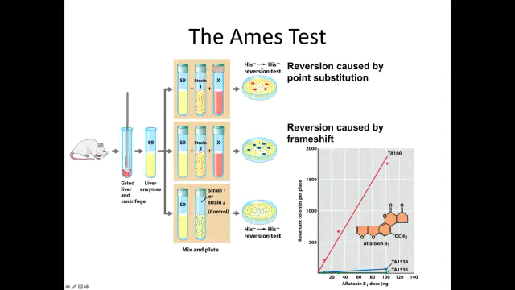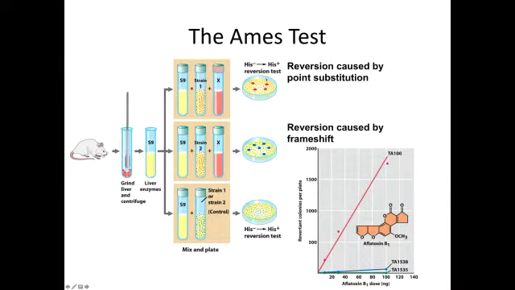His minus getting converted into His plus would mean that mutations were causing a reversion to occur. There's presumably some mutation inside the gene that is critical for histidine biosynthesis, and by mixing a mutagen with it, it reverts that mutation from the mutant version back to the wild type.